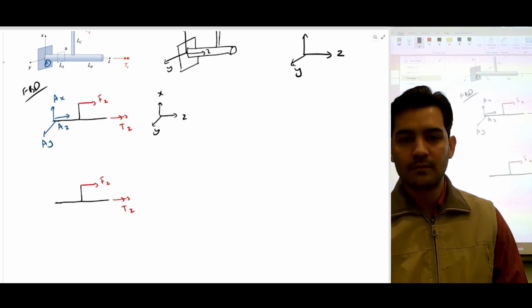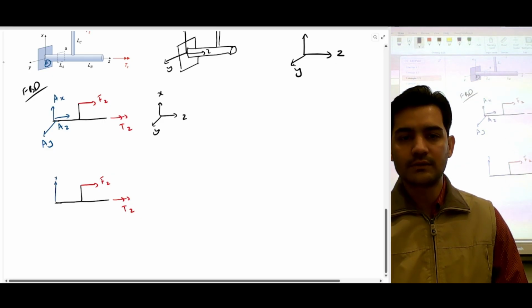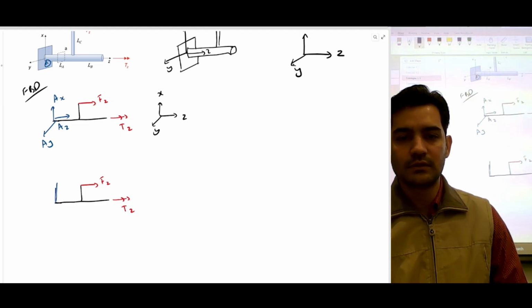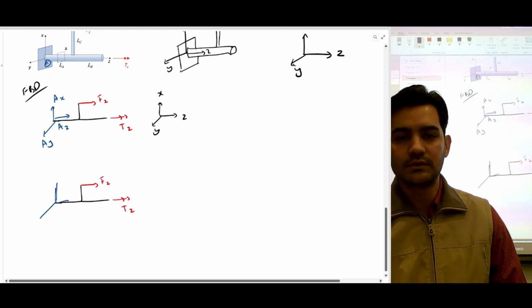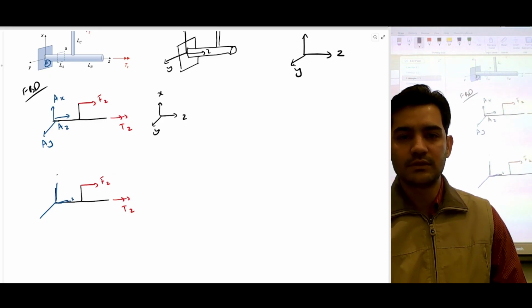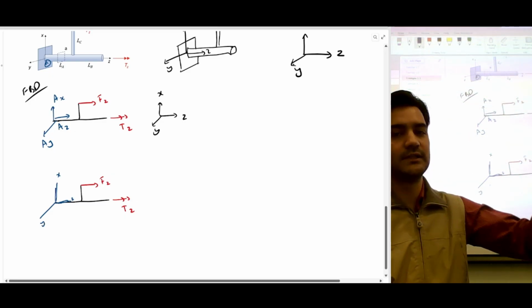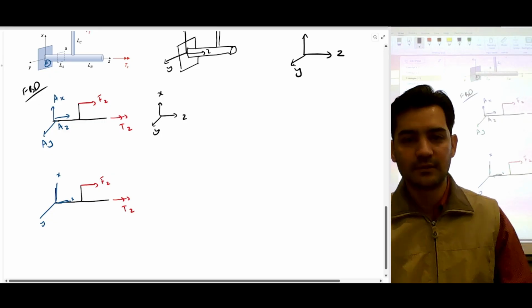So I'm going to draw the axes first. This is the x-axis. This is the y-axis, and this is the z-axis. This is the z-axis. This is the x-axis. This is the y-axis. So you will also have moments along these 3 directions.